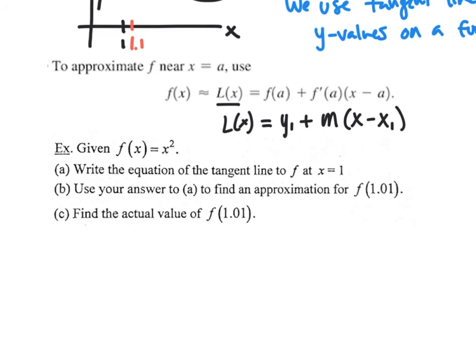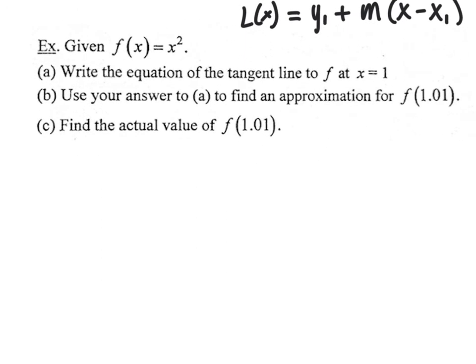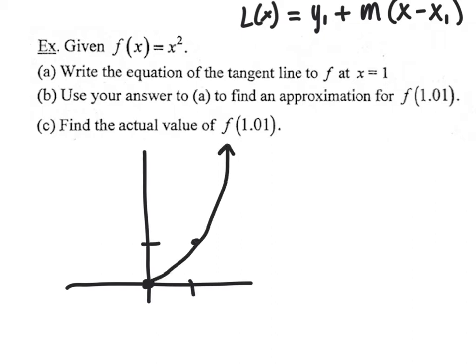So I'm just going to give you an example of this function x squared. Let's go ahead and graph this function of x squared. I know that this is a parabola that has the point 1, 1 on it, and it goes up this way as well.